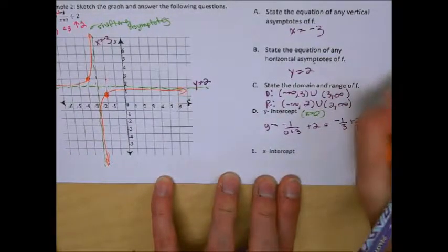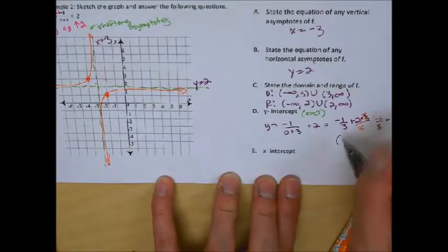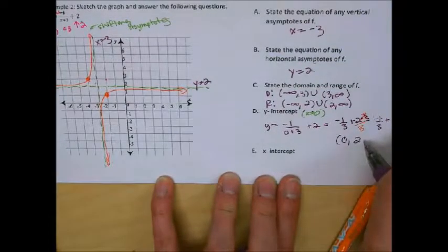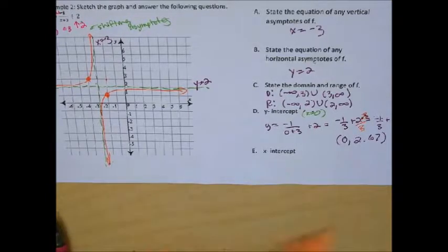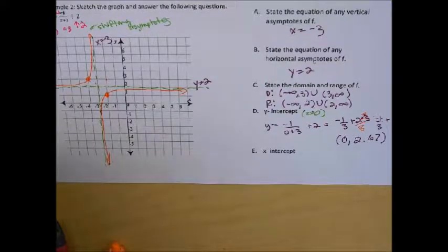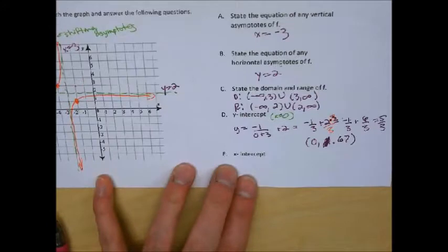Common denominator is 3, so that's 6 over 3. 6 minus 1, that's 5 over 3. So our x equals 0. And then 5 over 3 is 2.67, about. Let's see. That looks about. Oh, nope, sorry. 1.67. 3 goes into 5 once. Oh, you can't see that.